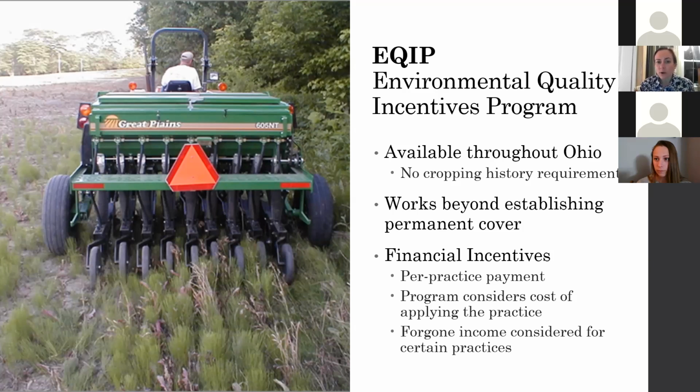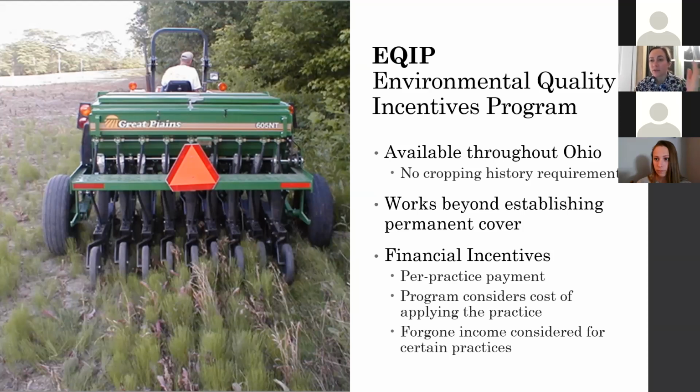So the way that EQIP works is it remits a per practice payment. So instead of kind of giving a bulk amount of money towards establishing permanent cover, what happens is you or a vendor that might be doing the work for you goes out and, for example, sprays herbicide to get rid of any weeds that are growing in the area to be planted.